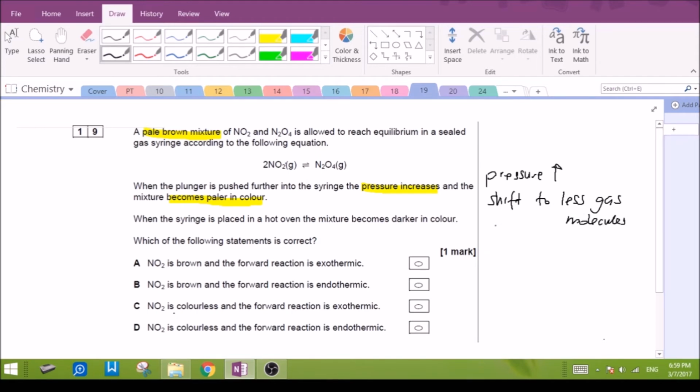This is the change we introduced, and this is the response of the system. So it will shift to the side that has less gaseous molecules.